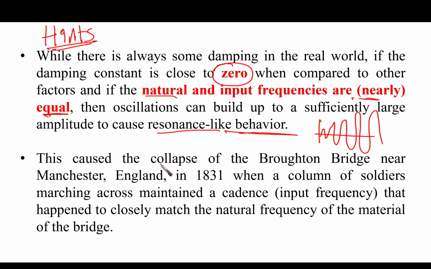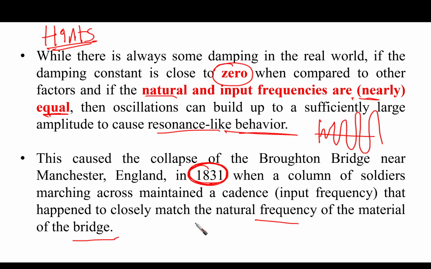This caused the collapse of the Broughton Bridge near Manchester in England in 1831. Can you imagine that it was the main root cause for the collapse? A column of soldiers marching across maintained a cadence, an input frequency that happened to closely match the natural frequency of the material of the bridge.